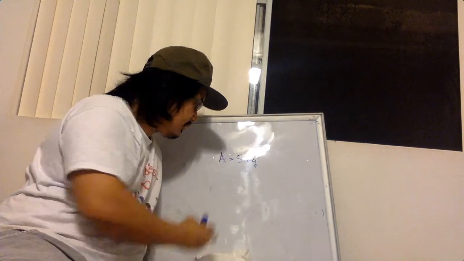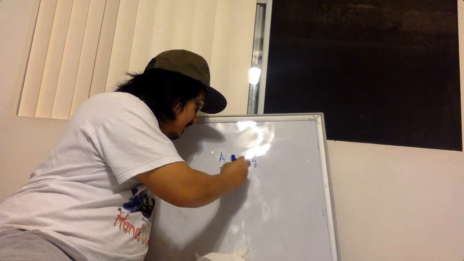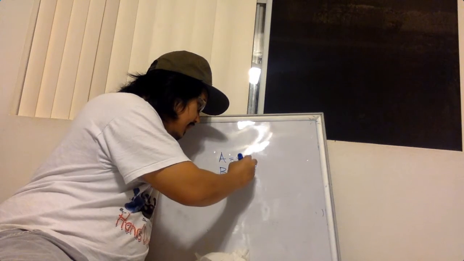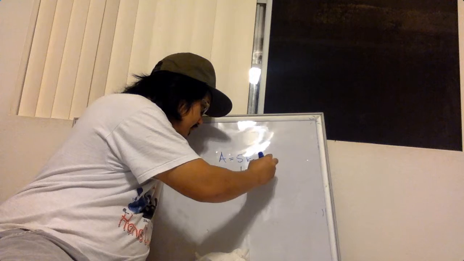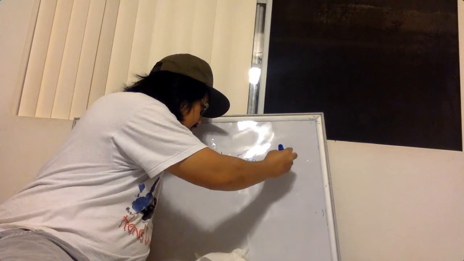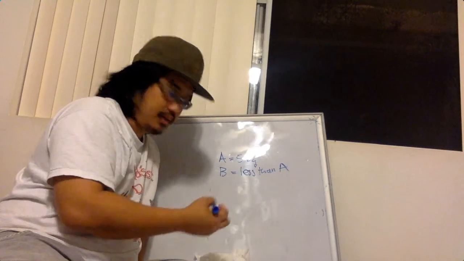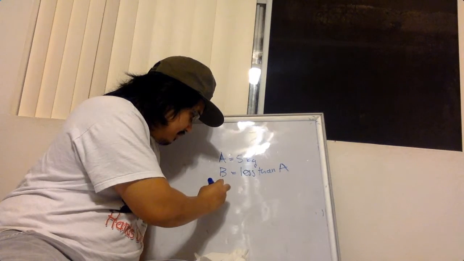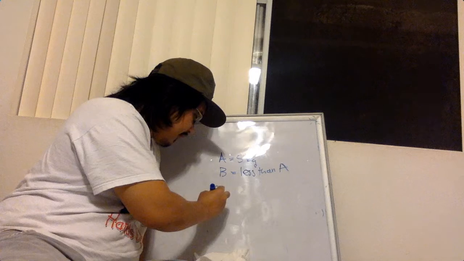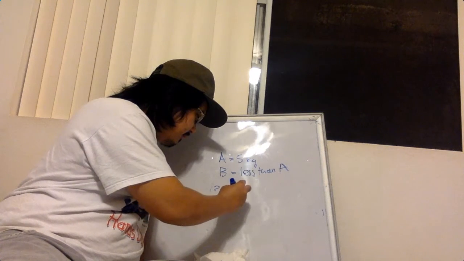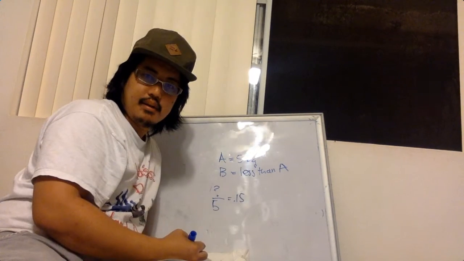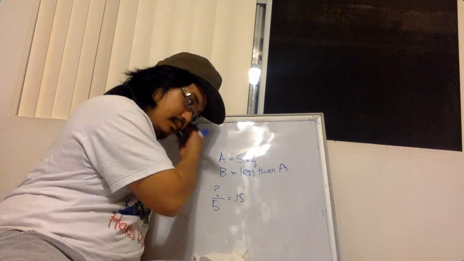Package B is 15% less, so it's going to weigh less than A. What is 15% of 5 kilograms? Okay, so we got our question mark over 5 is equal to 0.15. Well, that's simple enough to do.